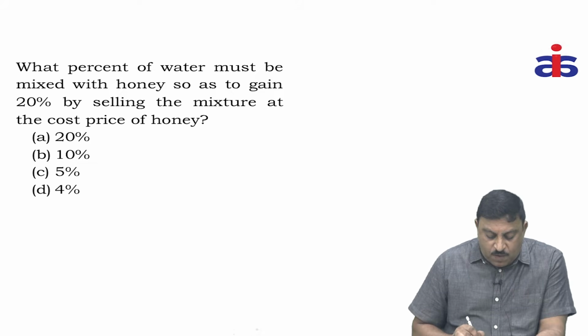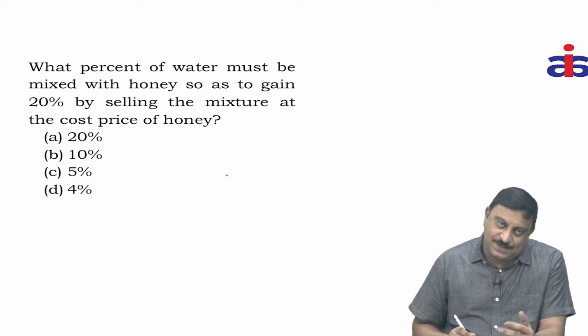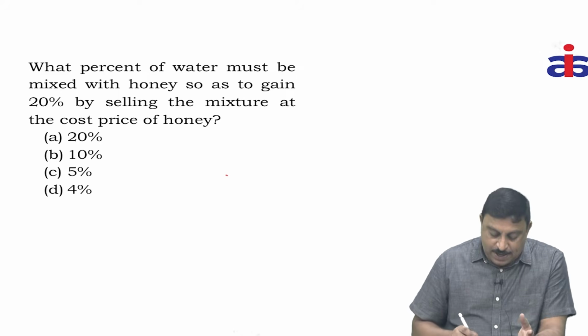What percent of water must be mixed with honey so as to gain 20% by selling the mixture at the cost price of honey? So what the seller says is, I am selling at cost price, but he should get a 20% gain.